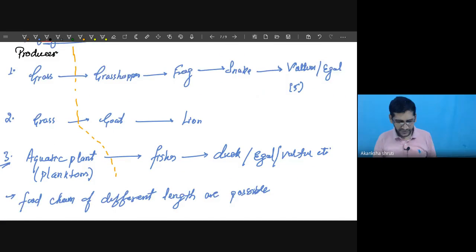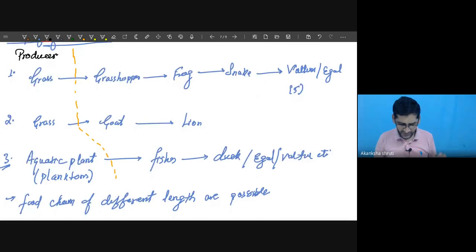From the producer, if we are considering the grasshopper and goat, it goes to the primary consumer.